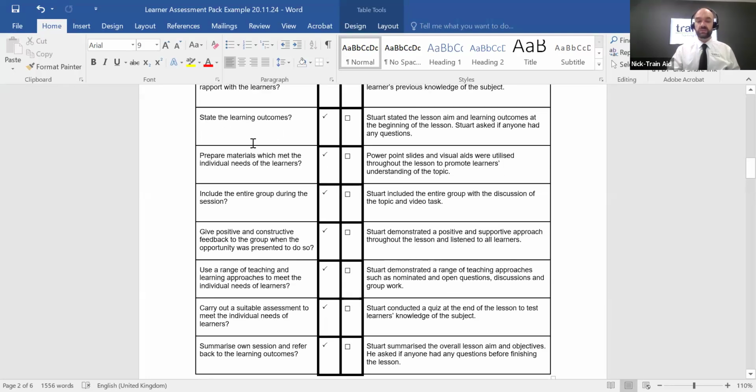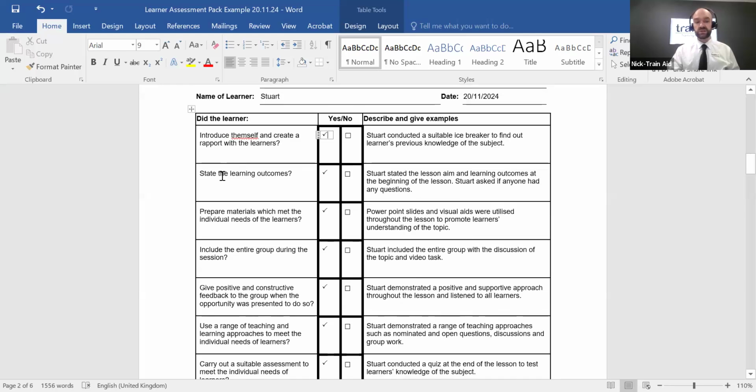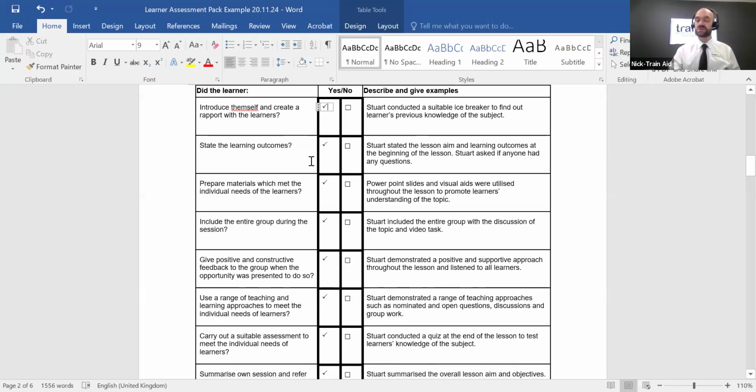The next key criteria is, did the learner state the learning outcomes? So this is where the learner is stating the overall aim and the outcomes, or the objectives of the lesson. So the outcomes, the objectives, they are the same thing.